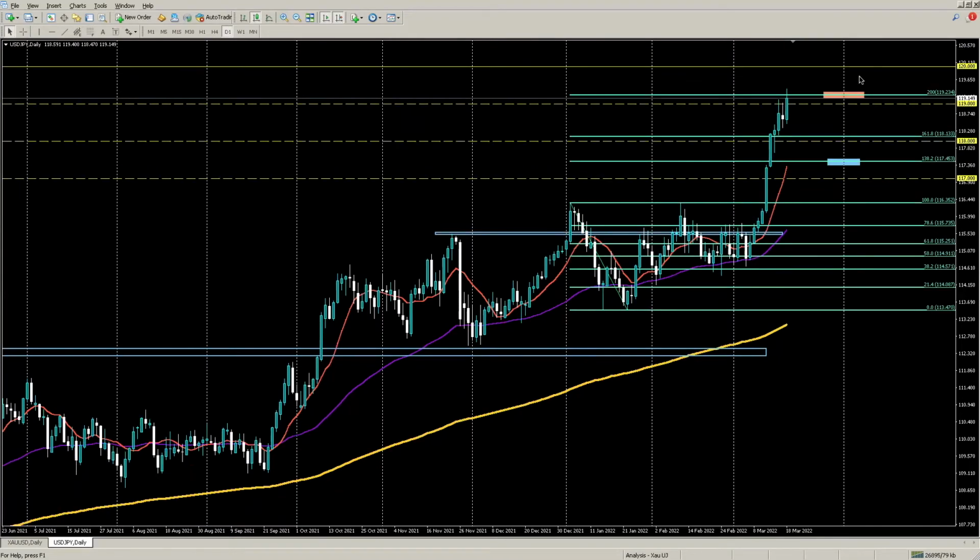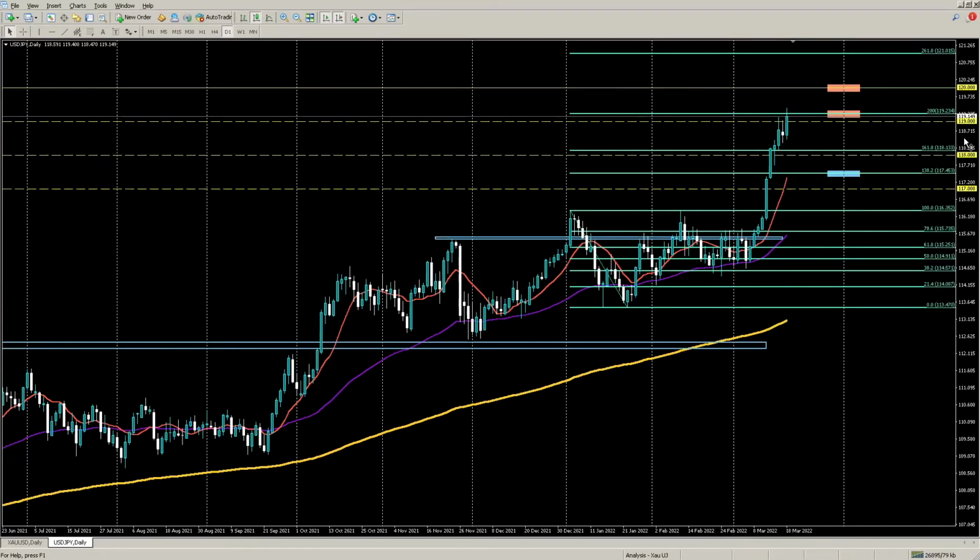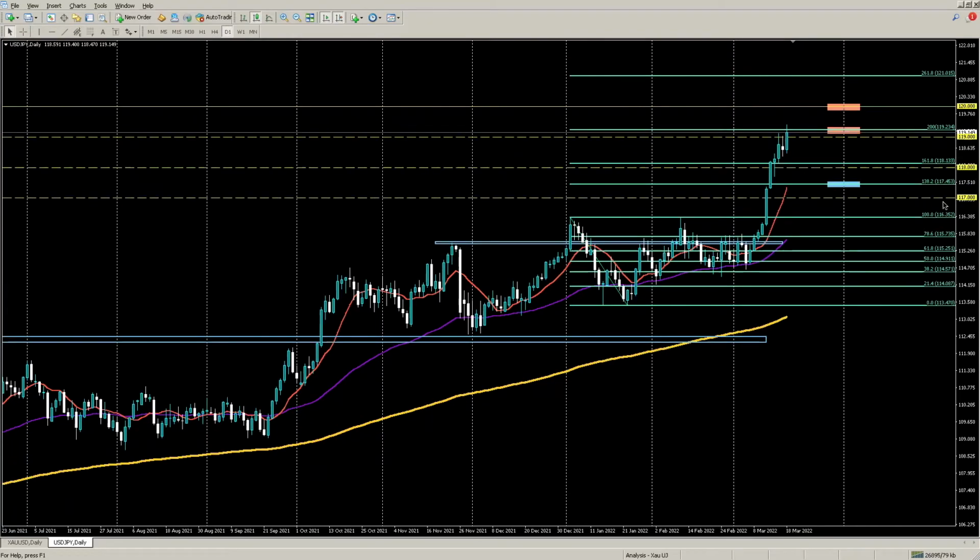We'll see if it's able to target the 120 round figure. Let's move another resistance zone up here. But the 262 is well above that.